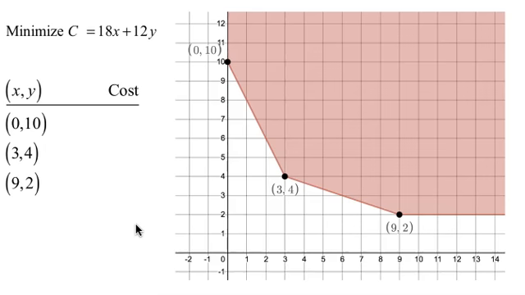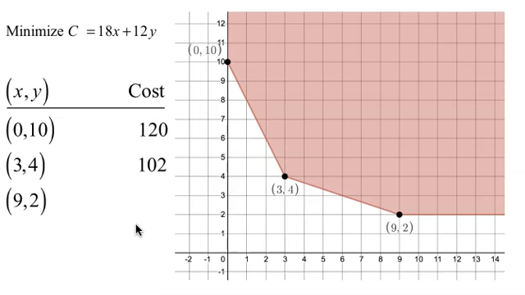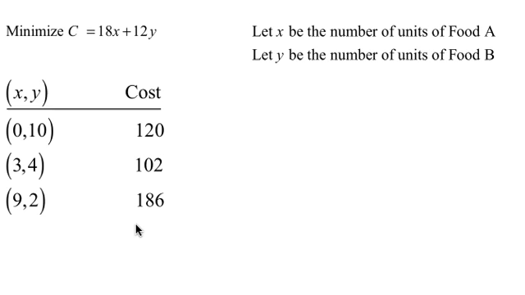So plugging those in, what do we get? Plugging in 0, 10, we get 120. Plugging in 3, 4, we get 102. That's 18 times 3 plus 12 times 4, 102. Plugging in 9, 2, 18 times 9 plus 12 times 2 is 186. Now, that's 102 cents, so our minimum cost is $1.02.